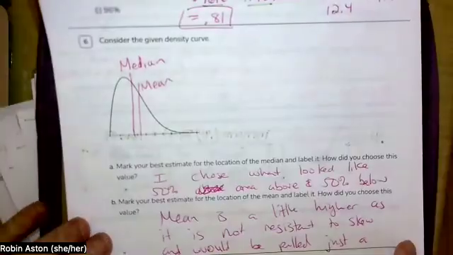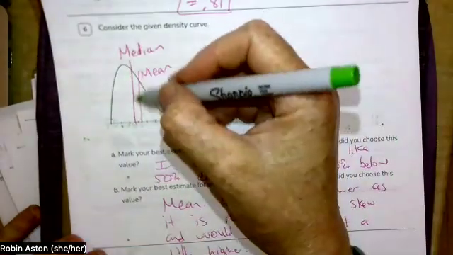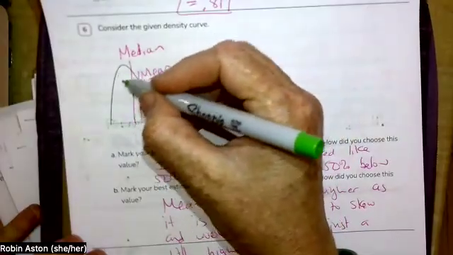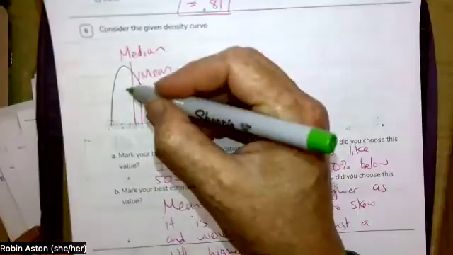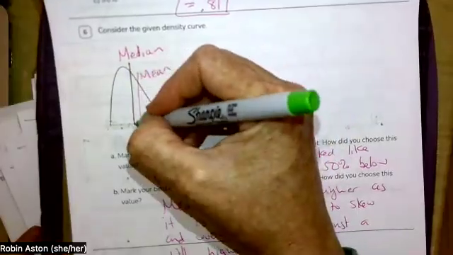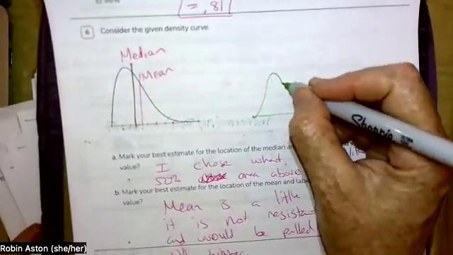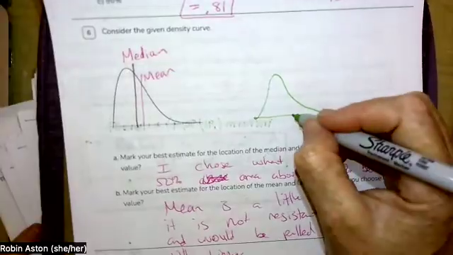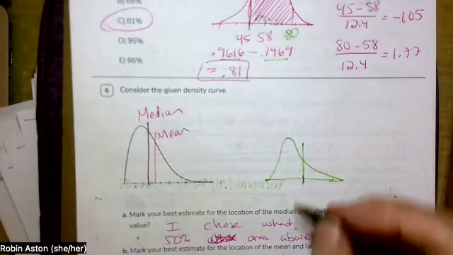Okay. Number 6 is really just asking about mean and median. The median, I put it about there because to me, if I shaded this, that looks like about half the area. This is about just visualization, so you don't have to be precise. If I was grading this, one thing that I would have marked wrong is if somebody went like this, that is incorrect.